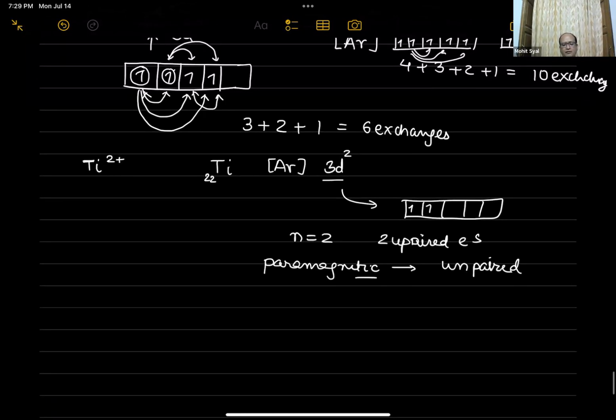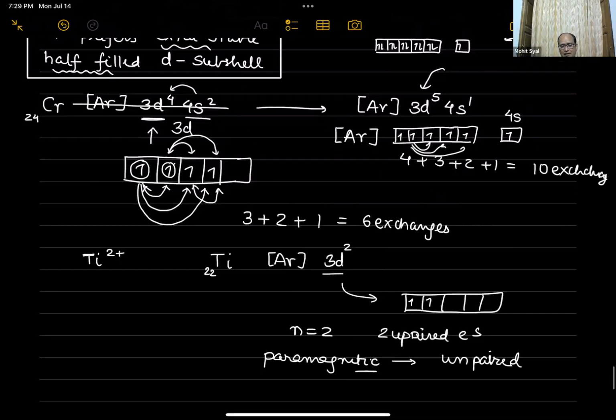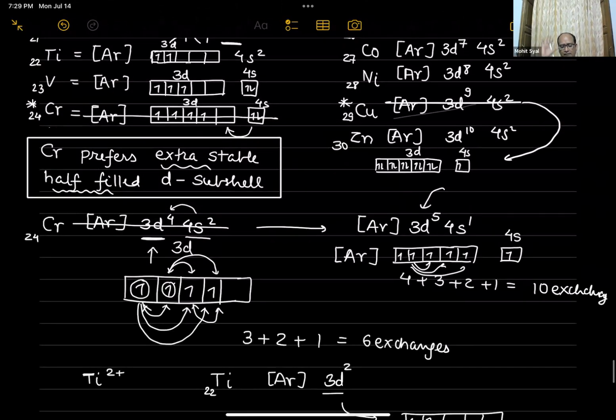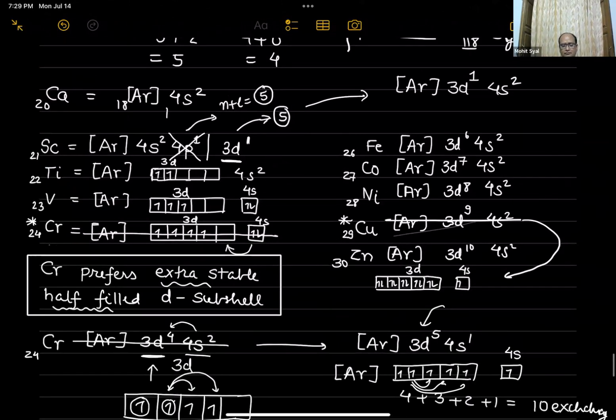So I hope this is clear. And manganese. Mn2+ is having 5 unpaired electrons. First I can write Mn, 25.